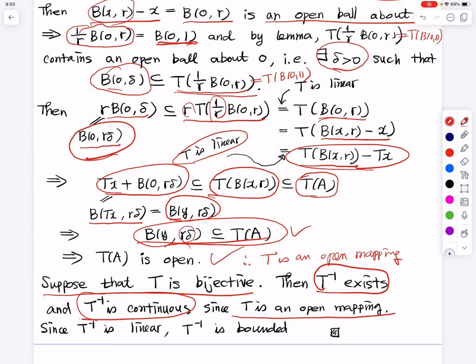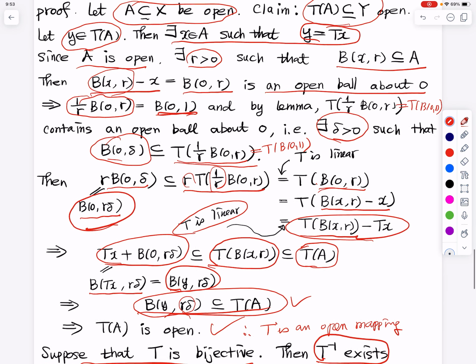T inverse is also linear, so T inverse is bounded. Continuous and bounded are the same for a linear operator. So we have proved the open mapping theorem.